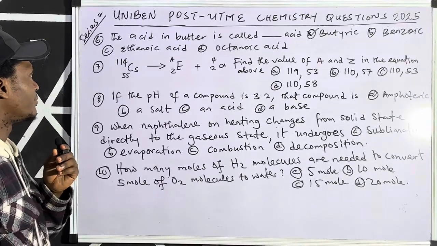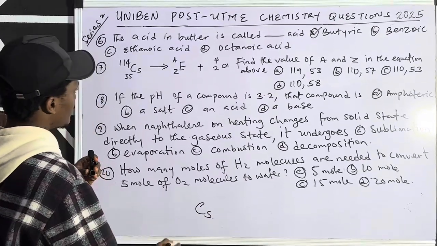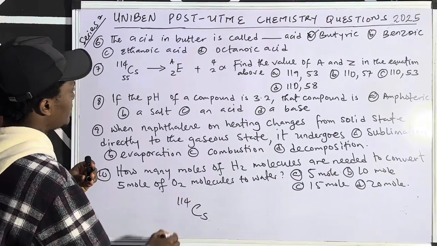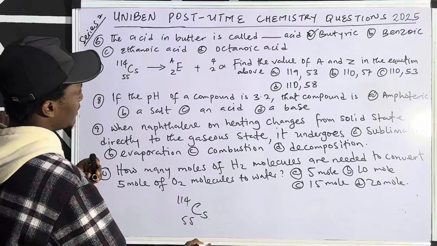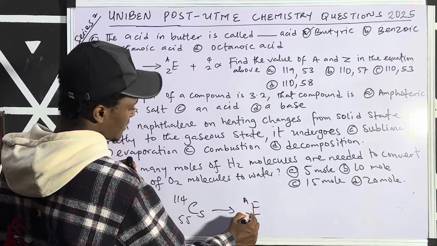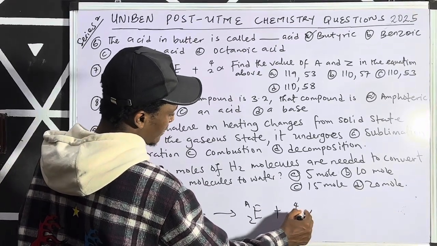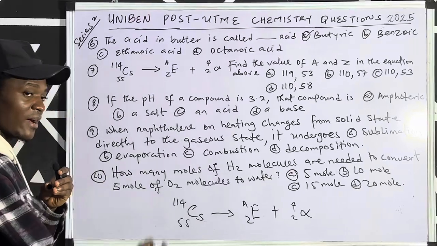Then question 7. We are given cesium, Cs, with mass number 114 and atomic number 55, producing element E with A and Z unknown, plus helium-4, an alpha particle. So this is like alpha decay.